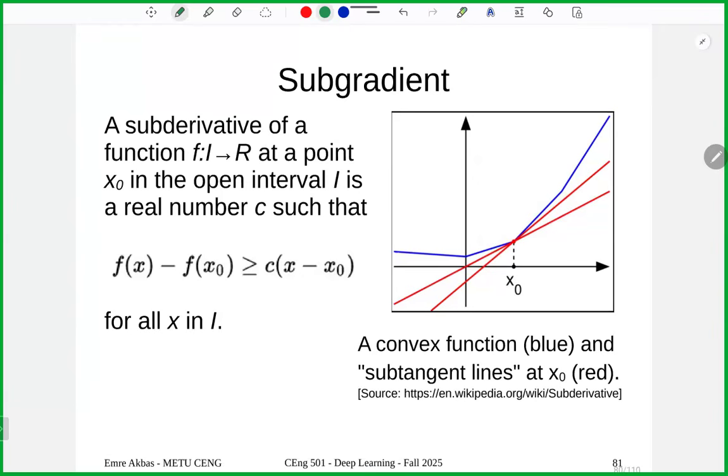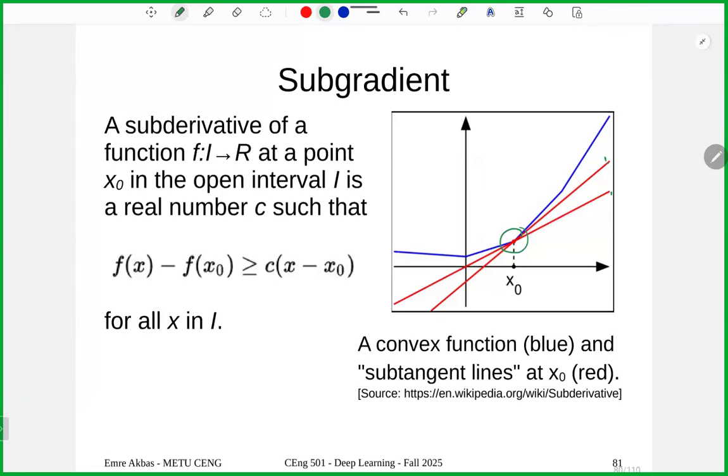So what can you do in that case? For example, at this point, x0, subgradient tells us that as a derivative at that point, you can use one of these slopes, and this is called subgradient. So anything that is under the function can be used.